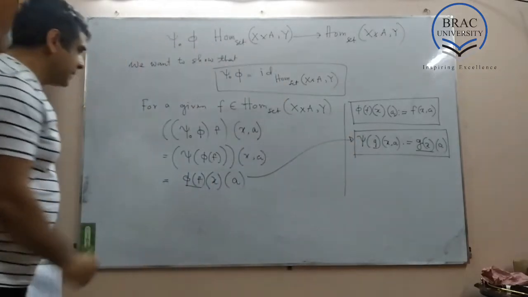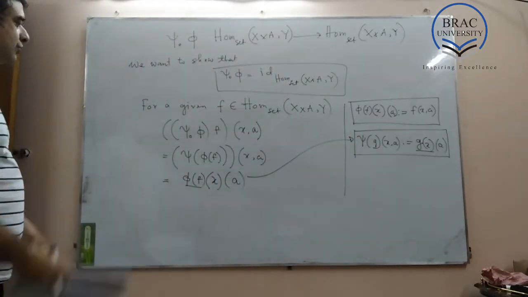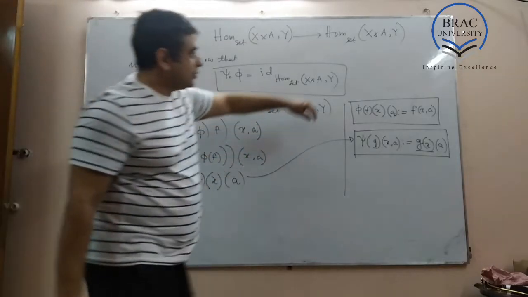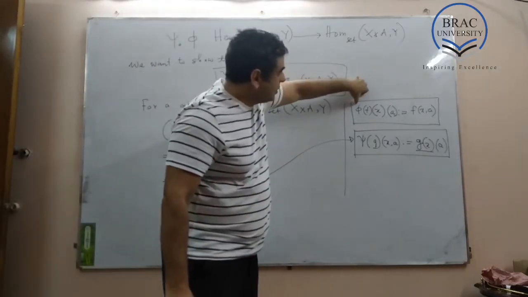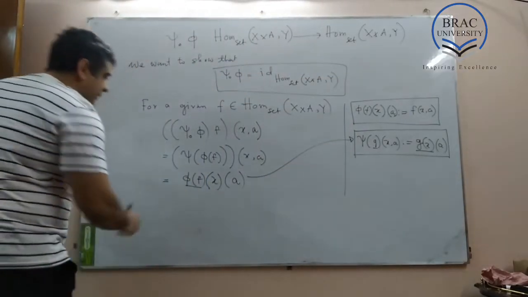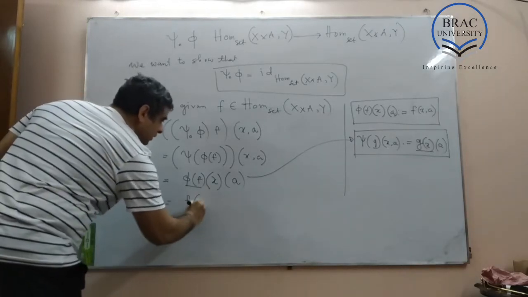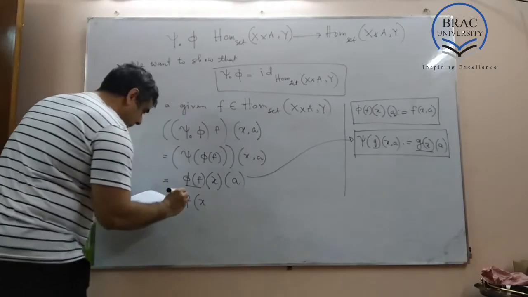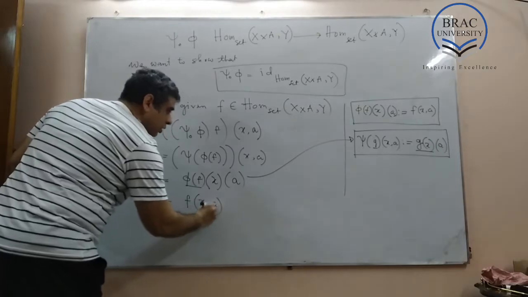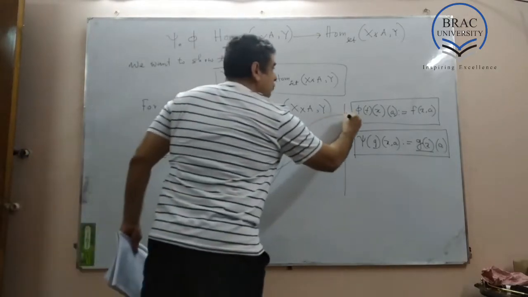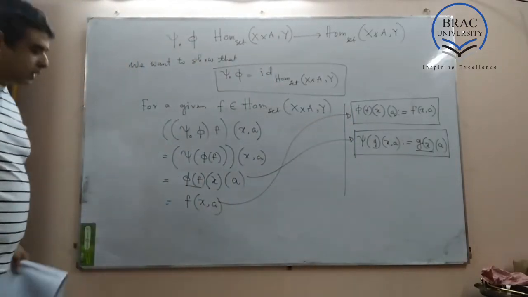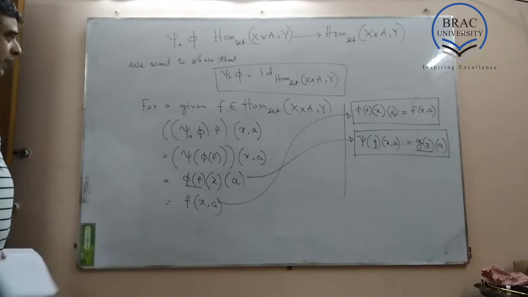All right. Next, we use the definition written in the first box, and that gives me f of x comma a. So it is by the use of the first definition. So what did we get?